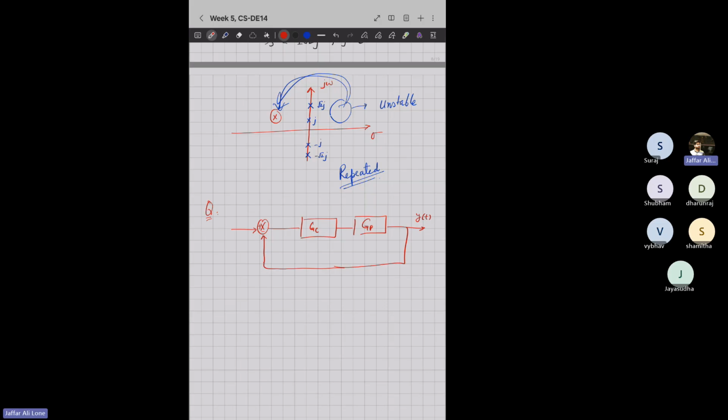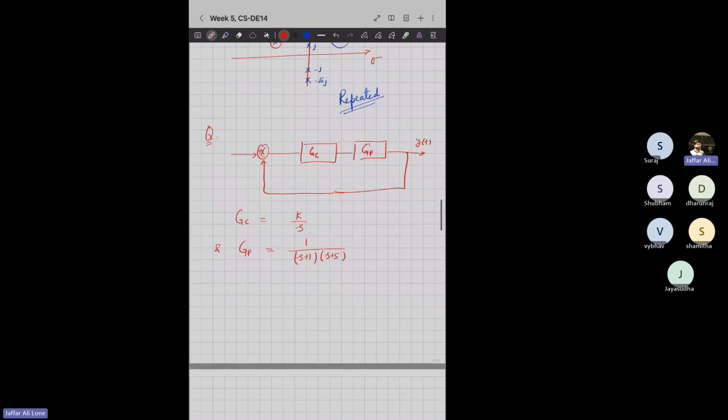You are given this system where G of C is equal to K over S, and G of P is equal to 1 divided by (S plus 1) into (S plus 5).